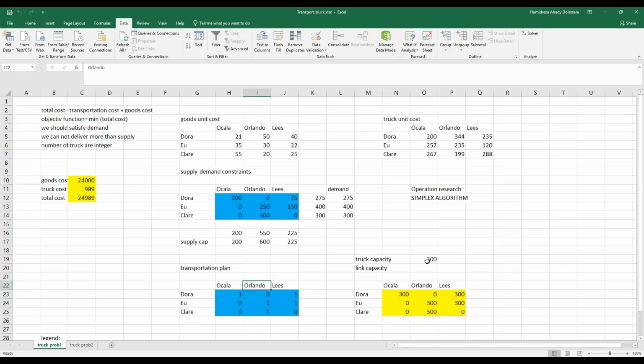And since the truck capacity is 300, here you can see the capacity of each link on the yellow rectangle. You can check with the upper blue rectangle, and you see the loads that we put in each link are less than 300 here. So we didn't overbook the roads.